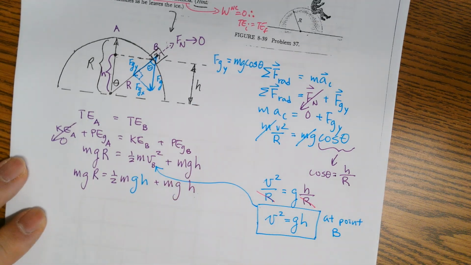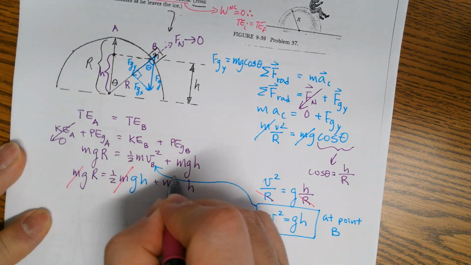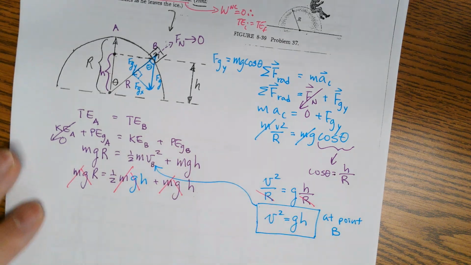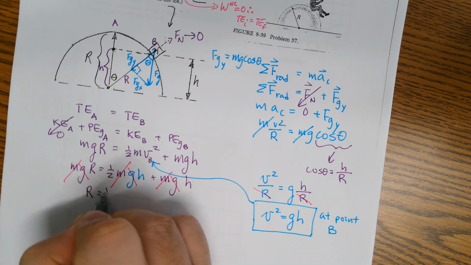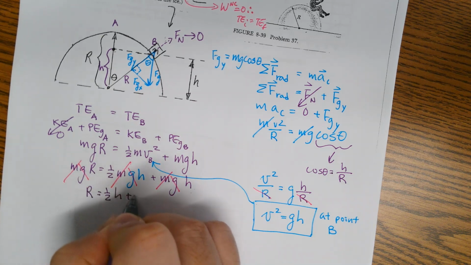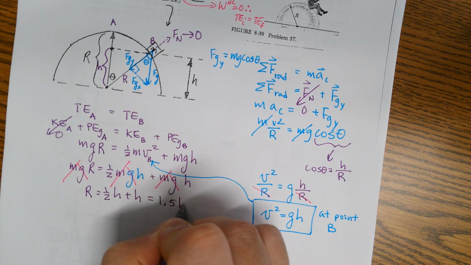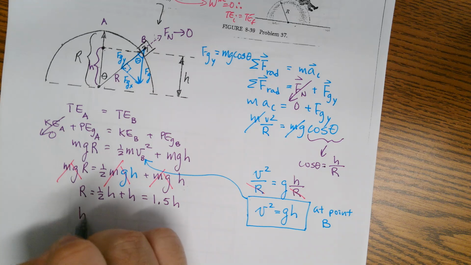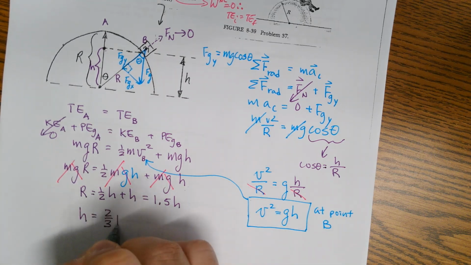Notice that m gets canceled, g gets canceled. So what do I have? I have r is equal to 1/2 h plus h, that is 1.5 h. So if I solve for h, it becomes 2/3 r.